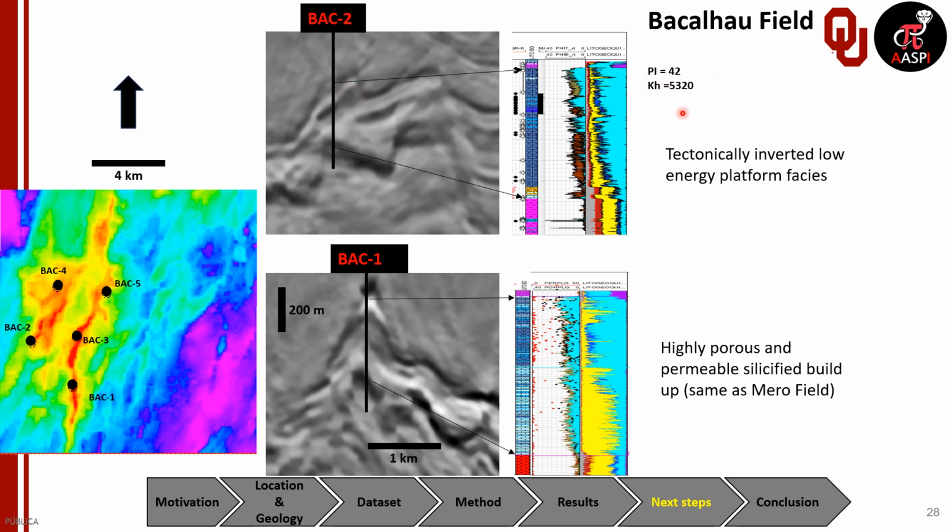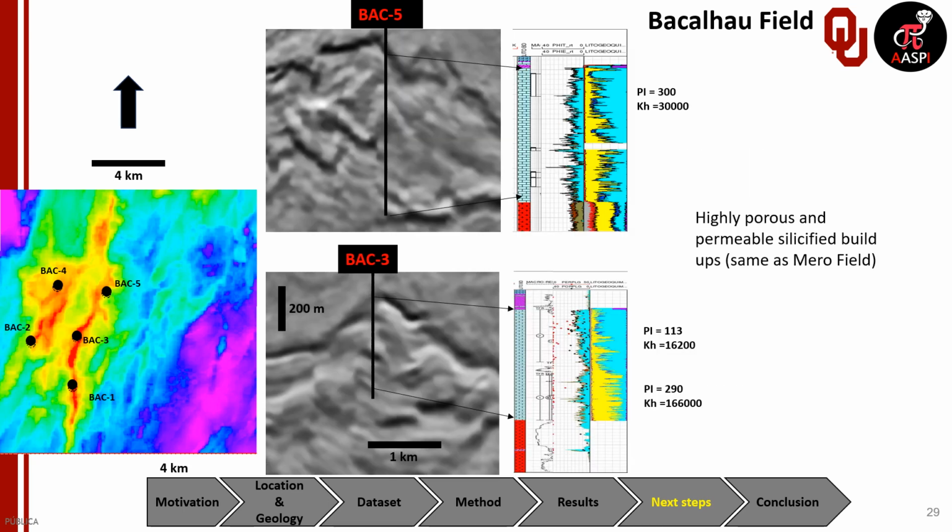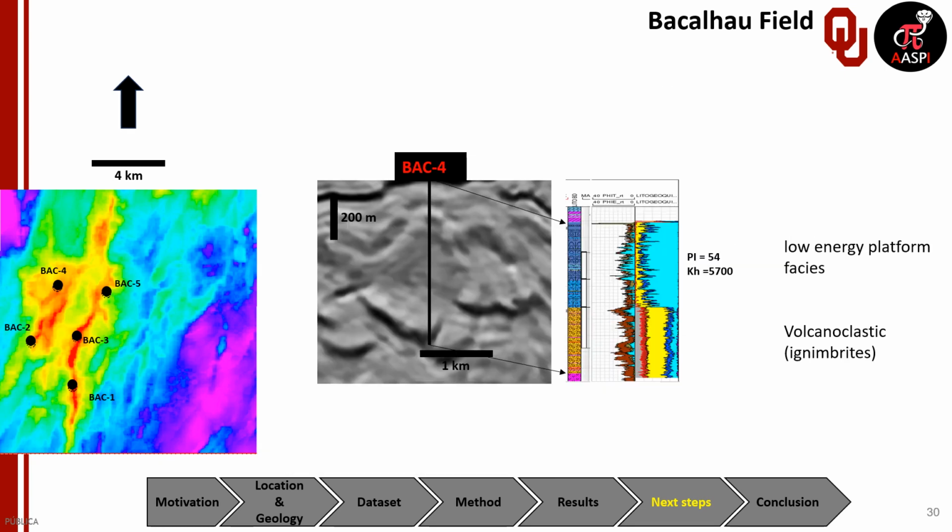So here we have only platform facies, not very productive, with lower productivity index and flow capacity, and low energy platform facies here as well, not productive at all. And here we have two other wells, another buildup here, very productive, another one very productive, and this one drilled a very beautiful buildup, but related to the volcanoclastic.